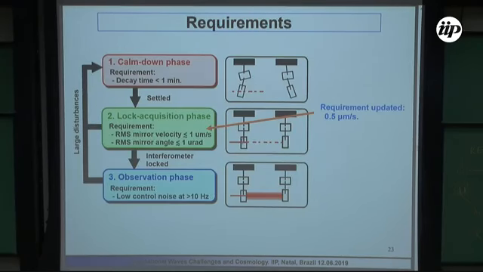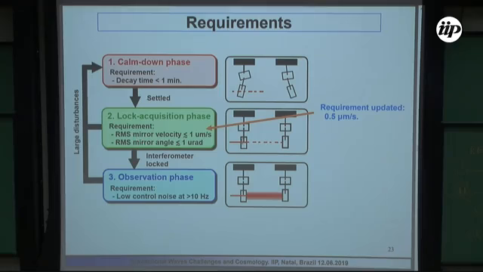For example, we have some requirements in the countdown phase, which is the starting point of the interferometer or after, for example, a shock or a kick or an earthquake. We have the requirement that the decay time of all the eigenmodes should be below 60 seconds, so we can improve the duty cycle of the interferometer.